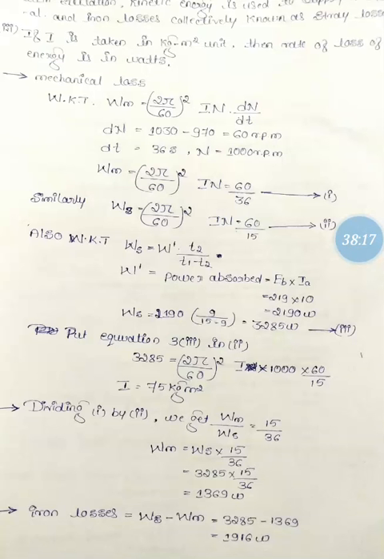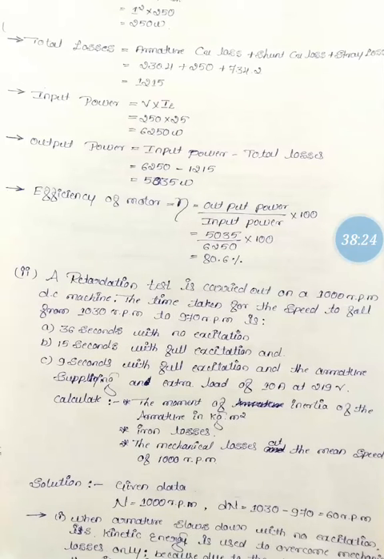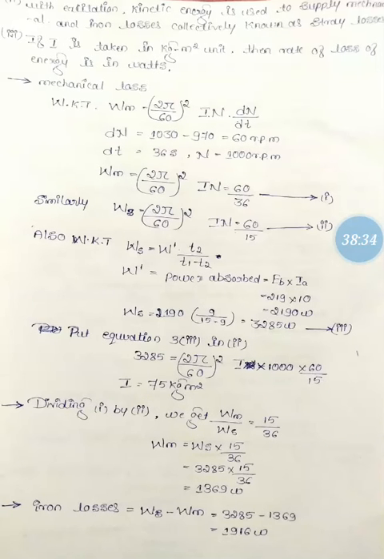Then the stray loss can be calculated as 2190 times T2 divided by (T1 minus T2). In this case, T2 is the 9 seconds with full excitation and the armature supplying the extra load current of 10 ampere at 219 volt. This is the third case to be considered, so 9 seconds is T2 here.